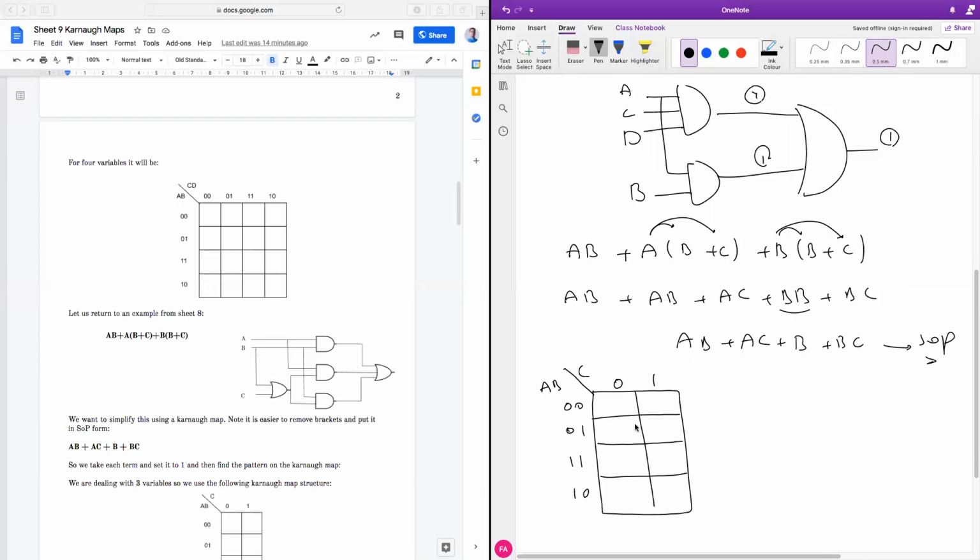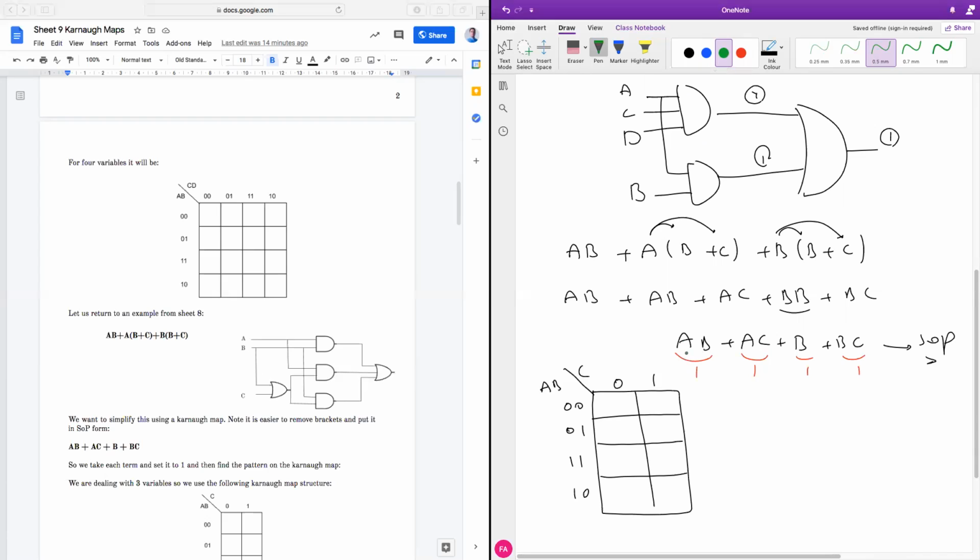Why? Because I know that when any of these products or AND gates is 1, the output is 1, because that's a big OR gate with 4 inputs. When at least one of these inputs is 1, the output is 1. So SOP form helps us to understand that. How?